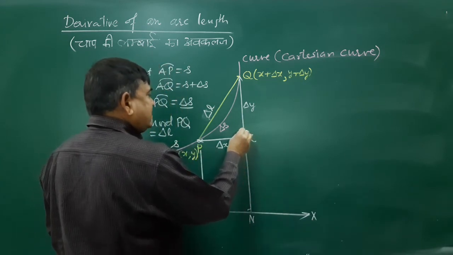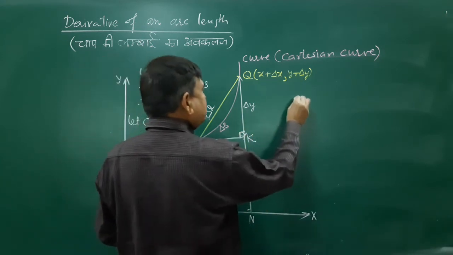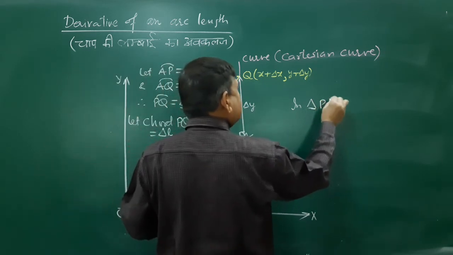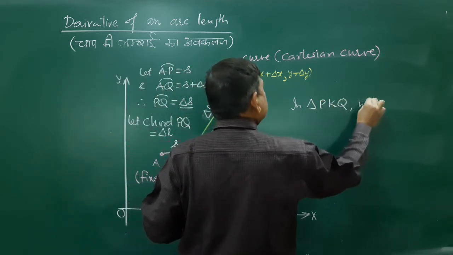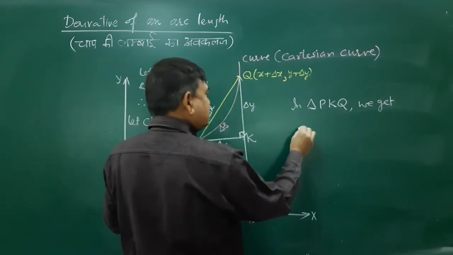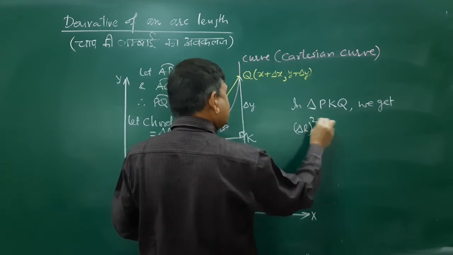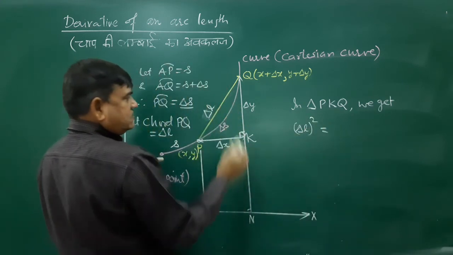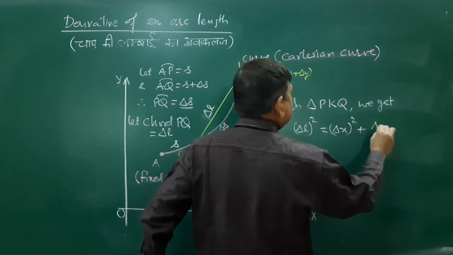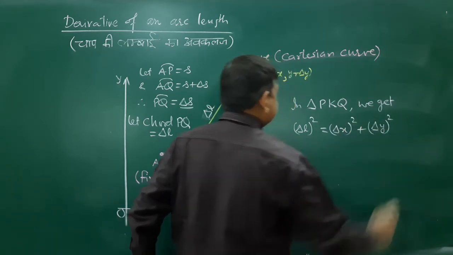Now this is the right triangle, you can say. So in triangle PKQ, we get delta L whole square equals delta x whole square plus delta y whole square.